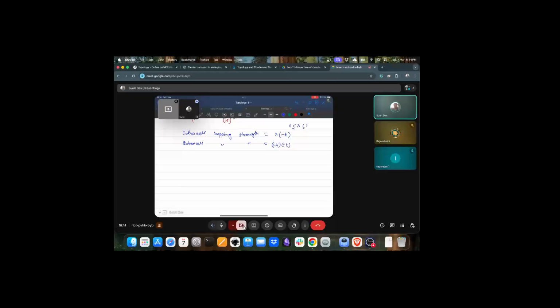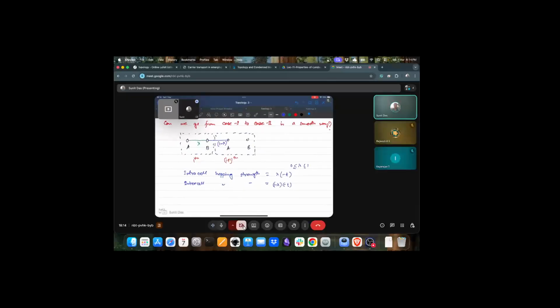Let's consider the cases. When lambda is 1, we have case 1, because then the intercell hopping becomes 0, since 1 minus 1 is 0.